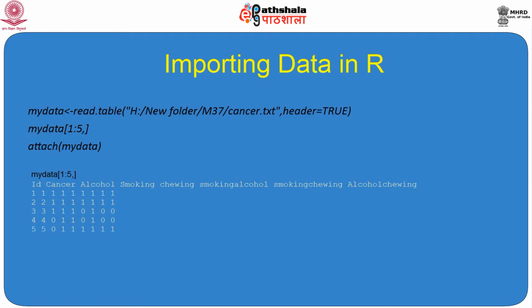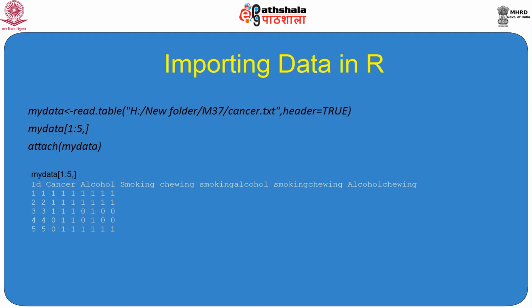After that, we put the data file name, and to mention the variable names initially as the first row, we gave header equals TRUE, and the whole thing has been used with read.table, and read.table is used to import the data from a txt file, and it is assigned as mydata.